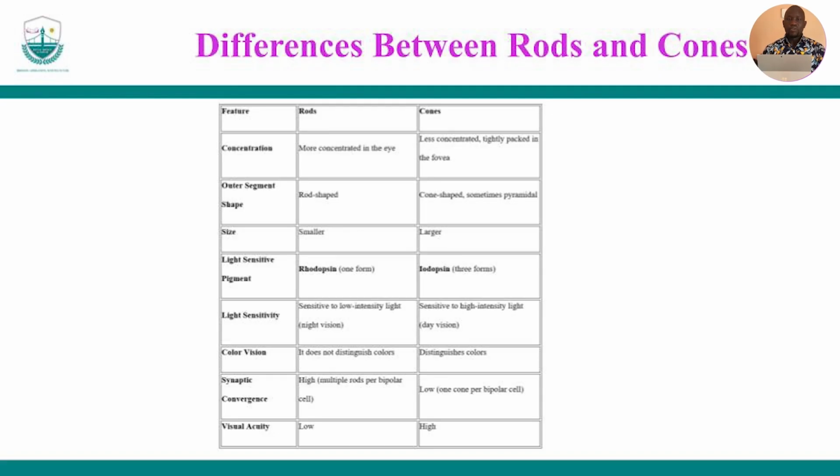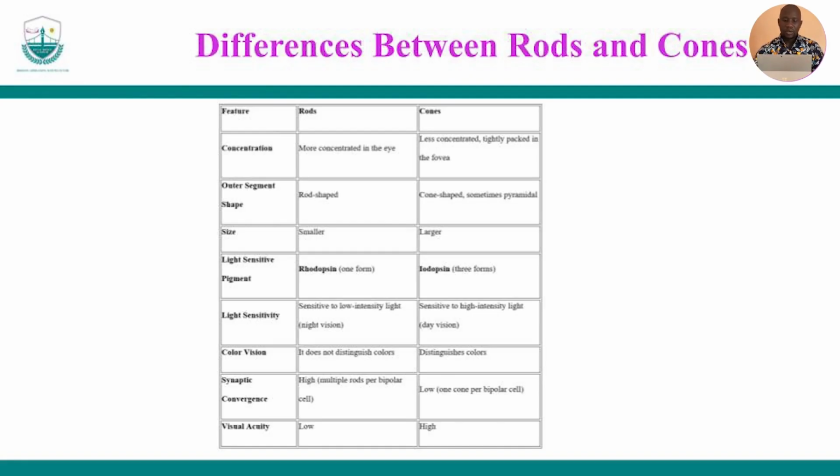Okay, so if we were to repeat everything that we have talked about, you have cones more around the fovea, and then the rods, we don't have a specified point where you have them highly concentrated. And then, of course, rods and cones, the names arise from the shape that they have.